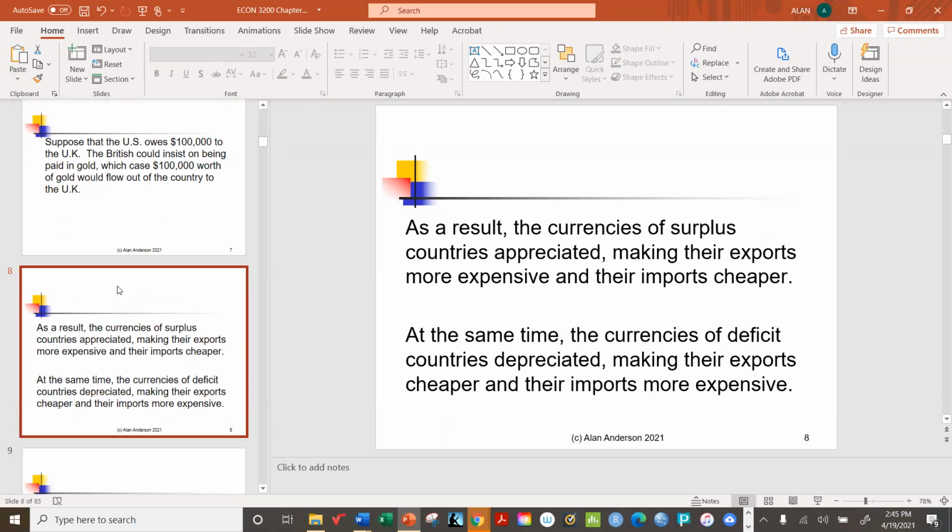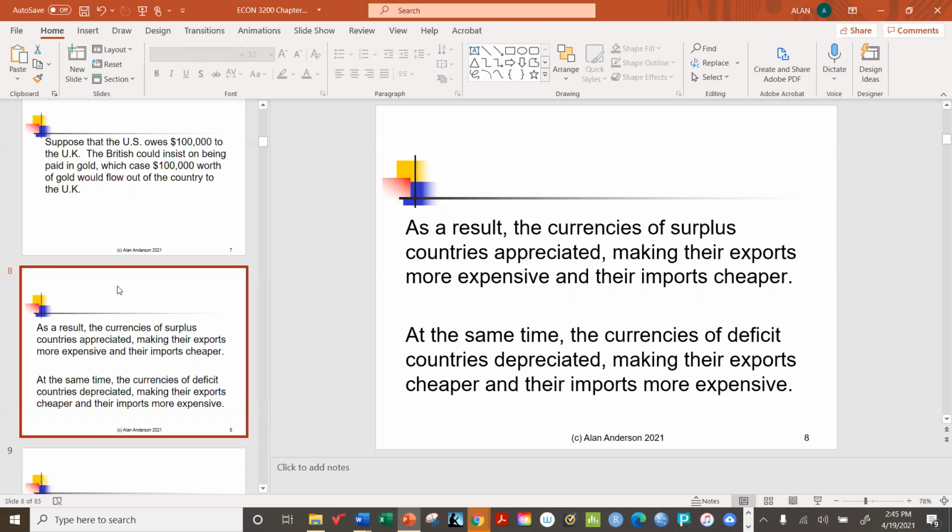So what that means is that if your country has a surplus, gold is flowing into your country, your currency is getting stronger, your exports are becoming more expensive, and your imports are becoming cheaper. Therefore, that surplus will disappear fairly quickly, because the strengthening of your own currency will cause your exports to become less attractive.